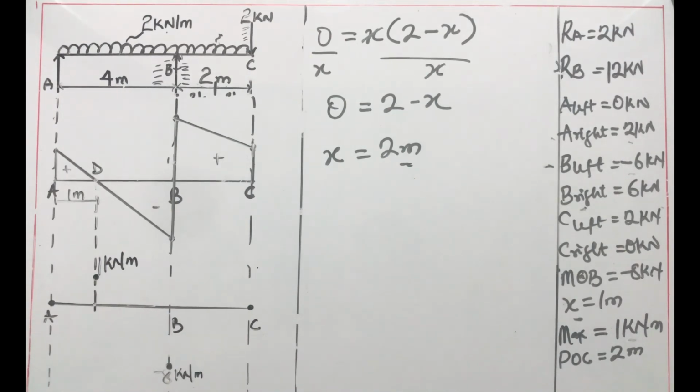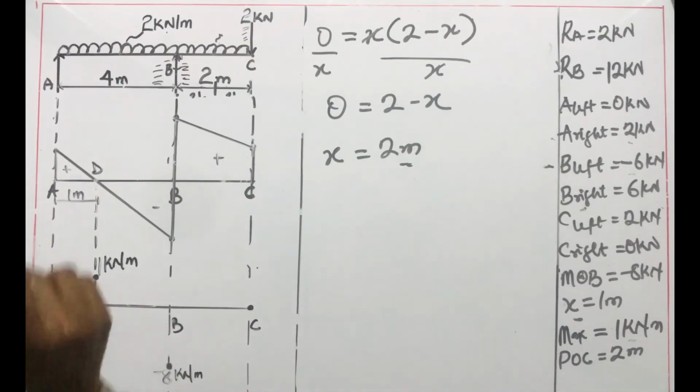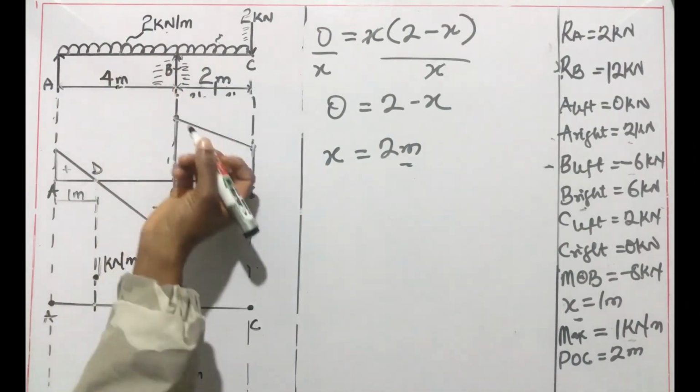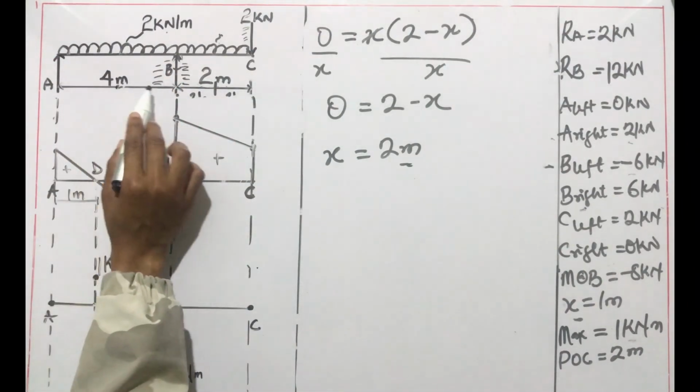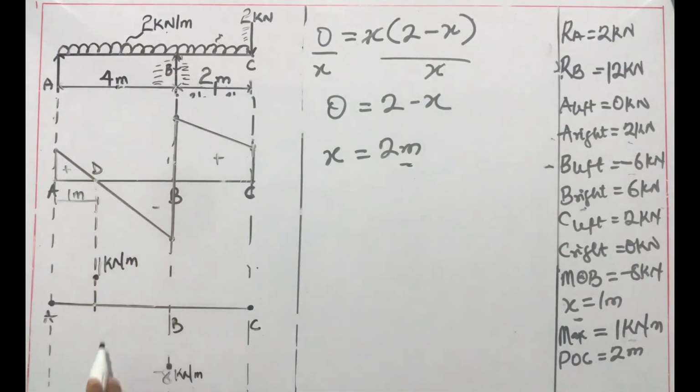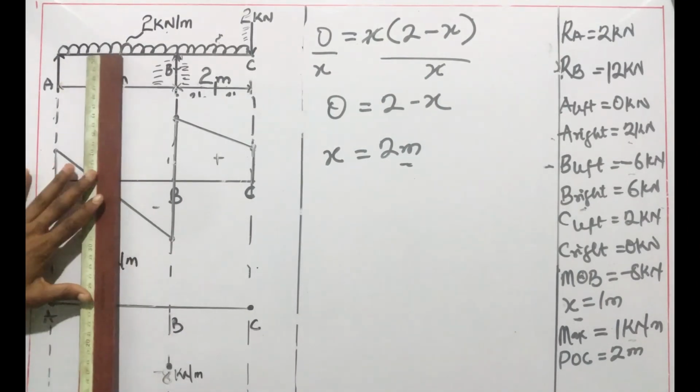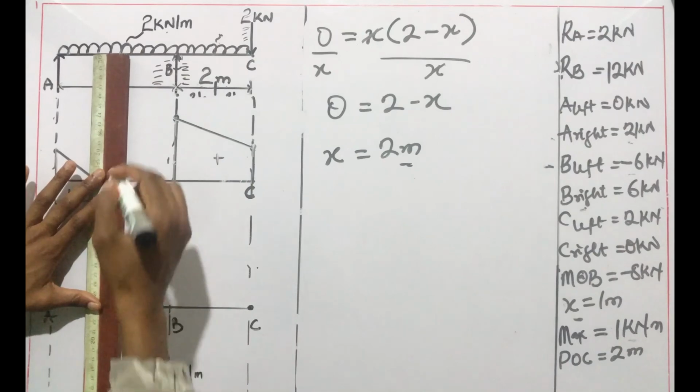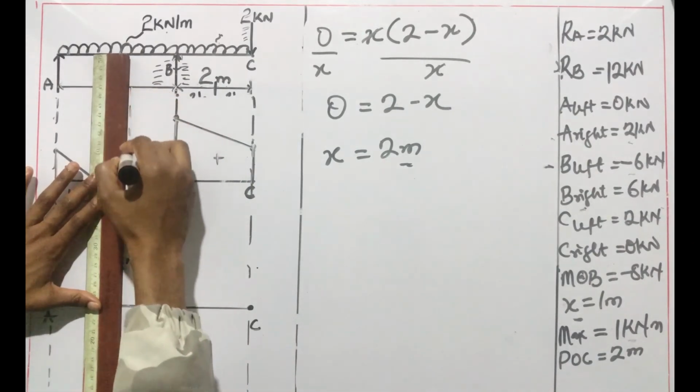Next is to mark out the point of contraflexure, which occurs at the middle of A to B, which is 2 meters from point A. So let's say it's somewhere here. We're also going to draw it down to meet the bending moment diagram line.